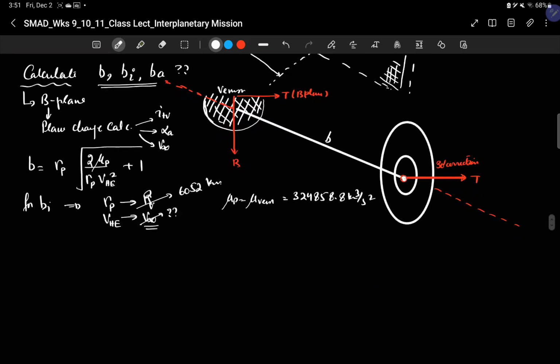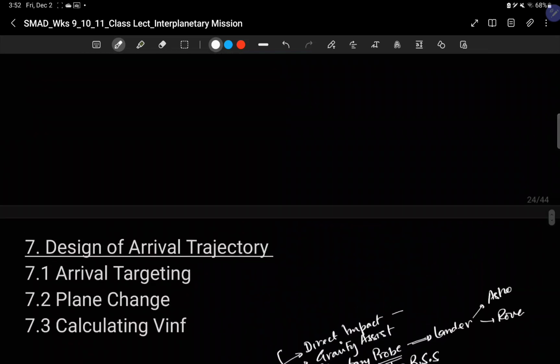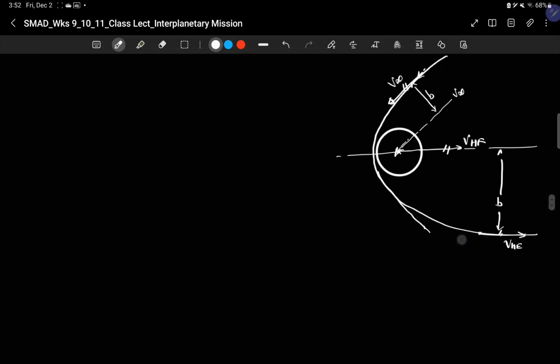We'll do the same triangle calculation that we did last time. In order to calculate the value of V infinity, we first need to establish the magnitude of ITV, so let's do that step first. If you remember, let me recall the old figure here.